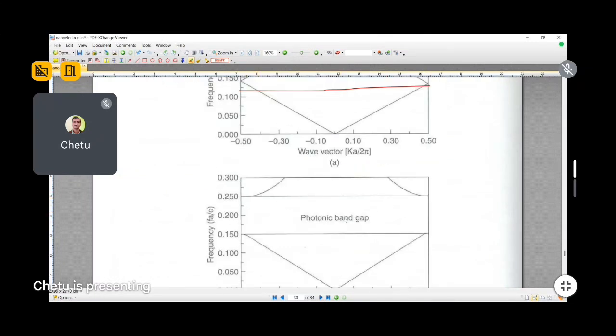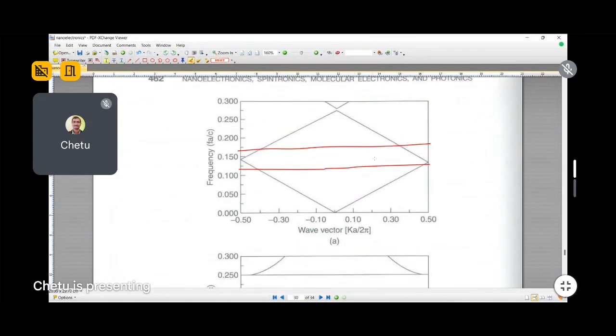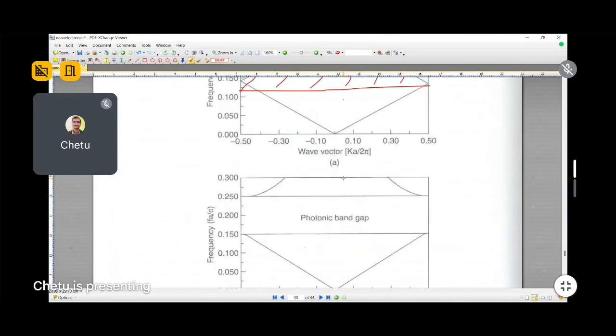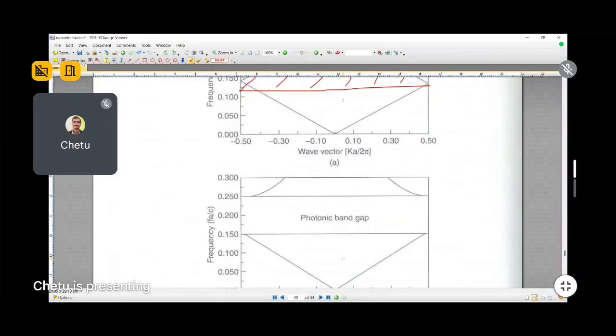You create a photonic band gap here, because now what you have done is that this was a uniform material. Now you have replaced this part by means of some different dielectric material. Okay, so you have a N1 here, N2, N1, or you have an epsilon 1, epsilon 2, epsilon 1 kind of arrangement.